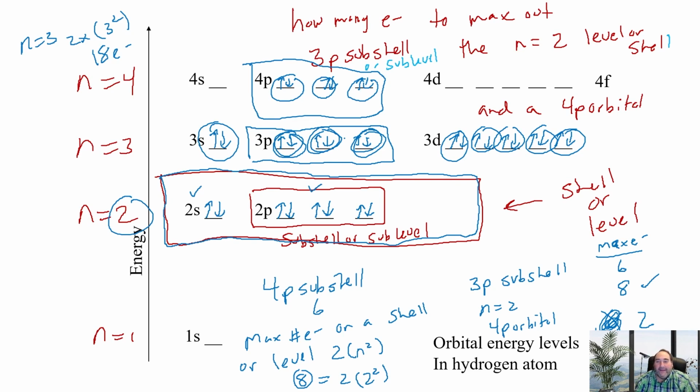Think 18, not 15 there. There you go. And that's how you can do it. So you can use that formula there to figure out the maximum number of electrons on a particular level or shell. You square the principal quantum number, which is the n number, and then you times it by 2, and that'll tell you how many electrons on the entire energy level in every orbital if you max every orbital on that energy level out. All right.